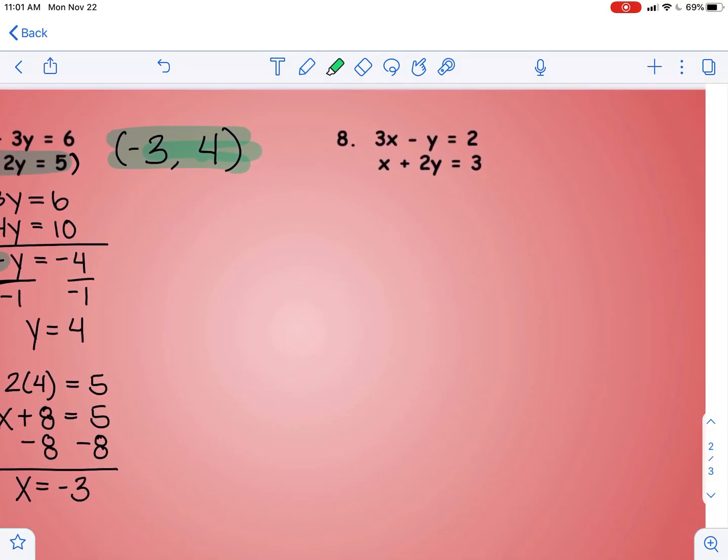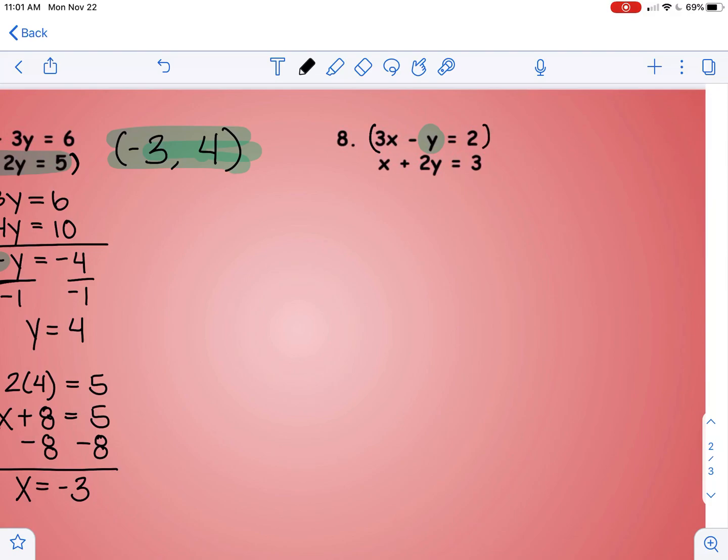On number 8, we're looking at options here because now I have an x with a coefficient of 1 and I have a y with a coefficient of 1. So I am going to use this top row, and I want this y with a coefficient of 1 to become a y with a coefficient of 2.